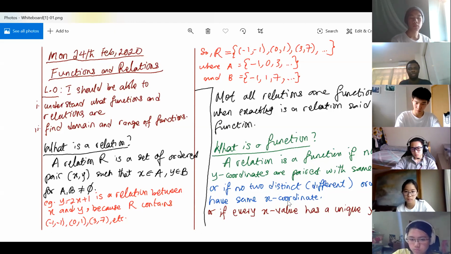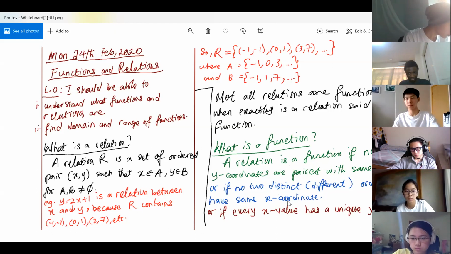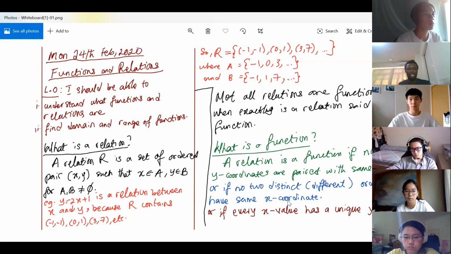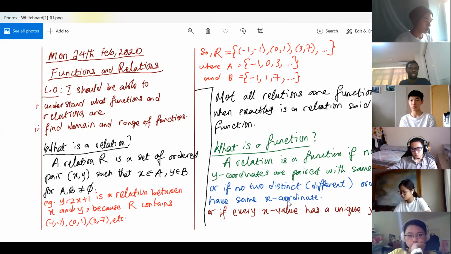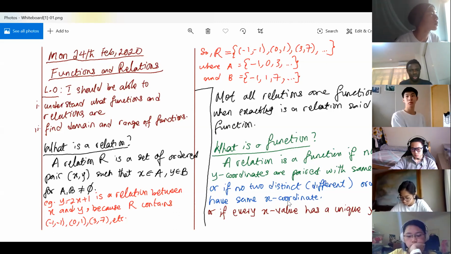Do you agree, Leo, Brandy? So all you have to do without working on it is to inspect. Are there two ordered pairs with the same y coordinates? If the answer is yes, it means the inverse of whatever you are looking at is not a function. So we can't have an inverse function. Do you understand that? So let's go to the questions now.